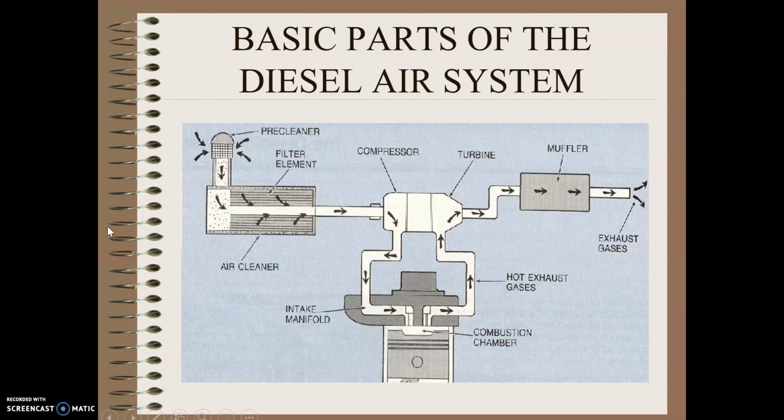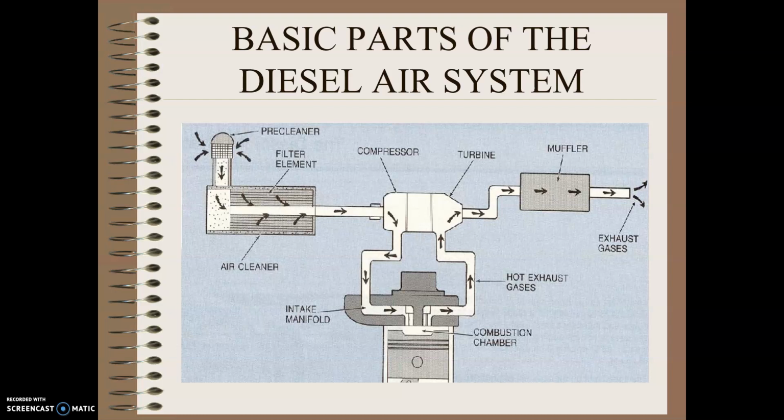So some of the basic components of a diesel air system. Obviously, the engine has to gather that air from the outside. So we have a cleaner and an air filter that help to filter out those impurities before they enter the engine. What you have to understand is a diesel engine is a very precise, very highly engineered piece of equipment.